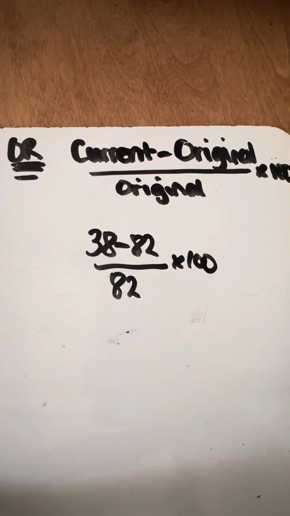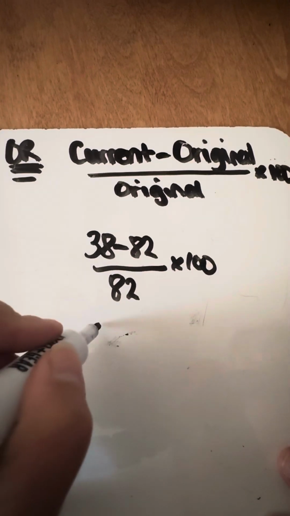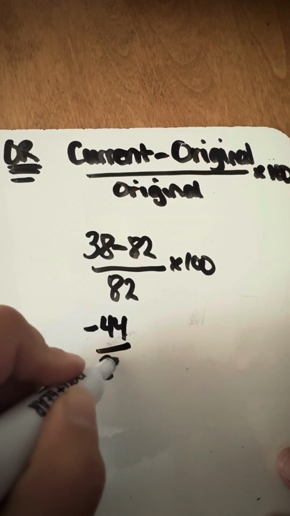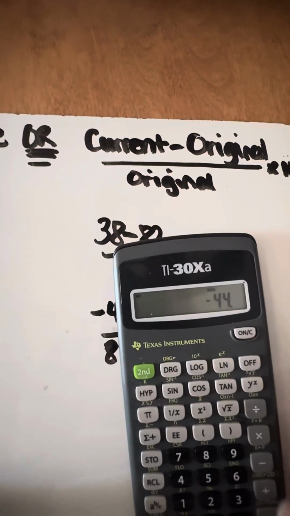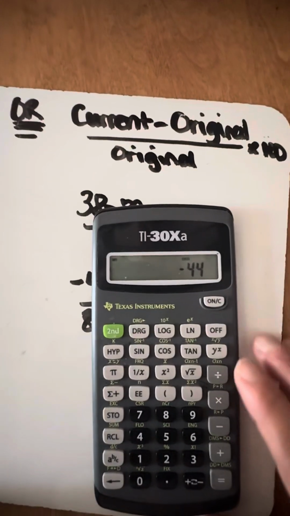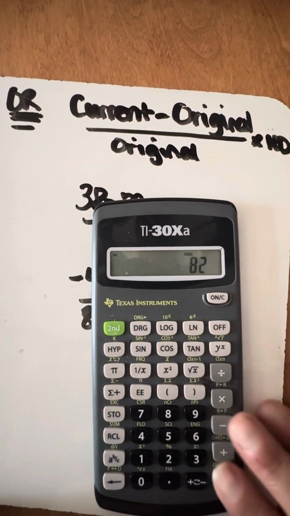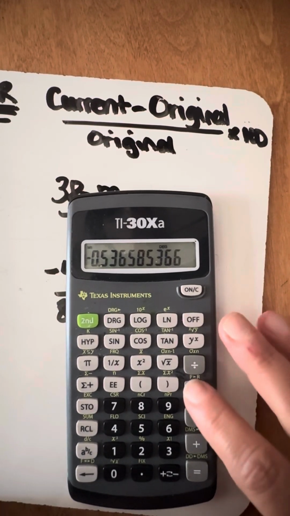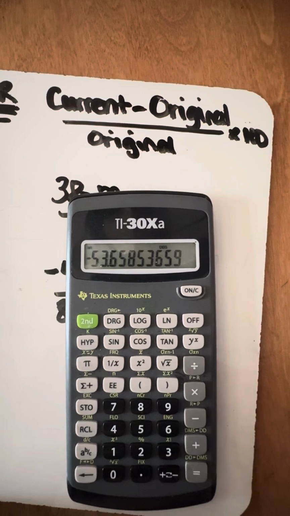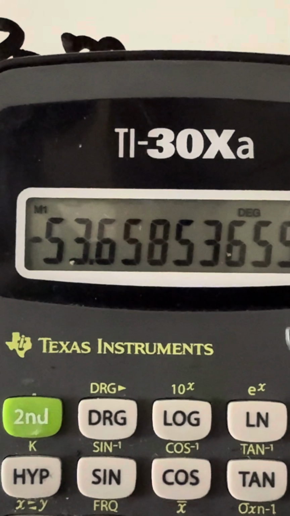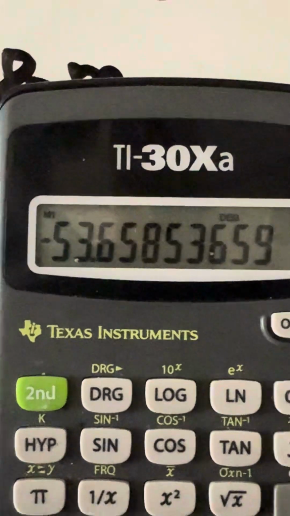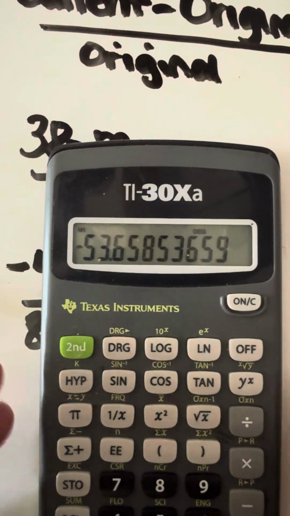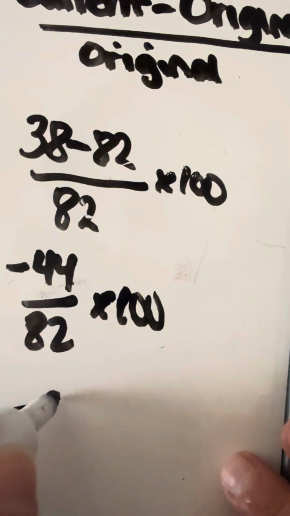So I do just 38 minus the 82, and you end up with a negative 44 over 82 times 100. Negative 44 divided by 82, times 100, and there's your decrease of 53 point, same number, right? So it's a decrease in price of 53.7.